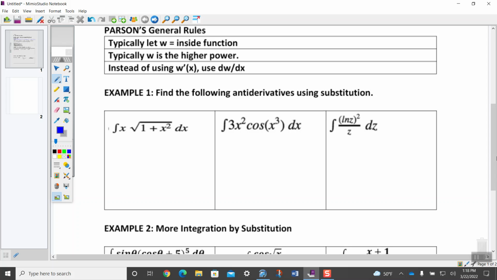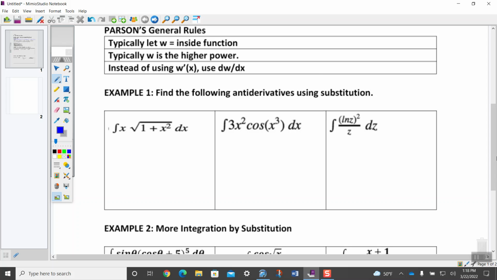Typically, guys, when we assign w to be something for substitution, which I'll show you in a second, w is going to be something that is of the higher power, okay? And one thing I want you to start getting used to today is this. Instead of using w prime of x for a derivative, I want you to start using dw over dx, which stands for the derivative of w with respect to which variable? x.